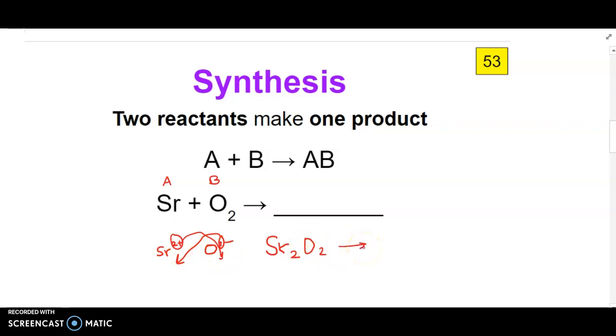Note that I have to reduce this, which we talked about back when we learned about ionic compounds, which gives us SrO. And that is my product.